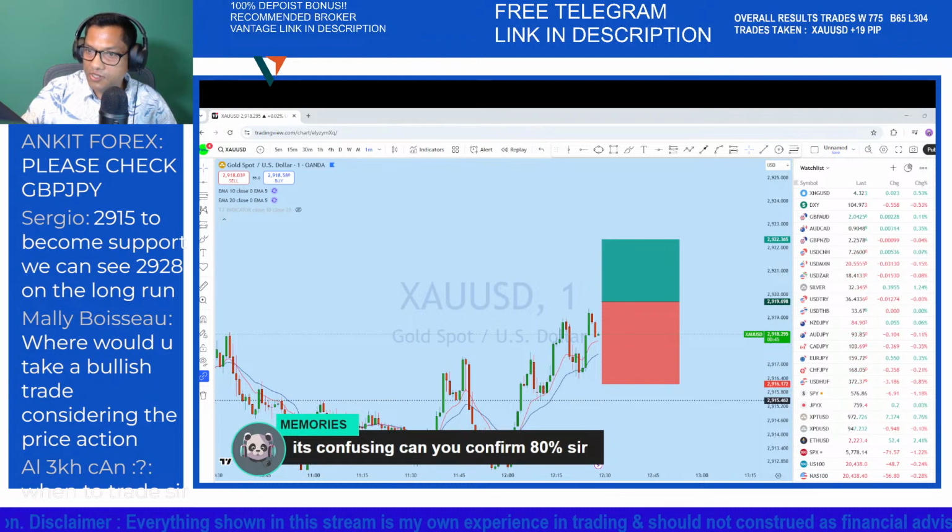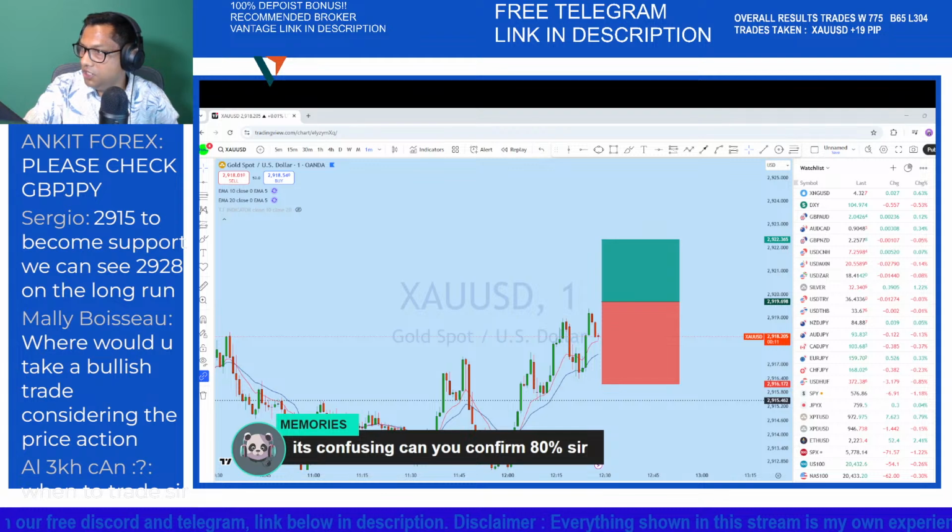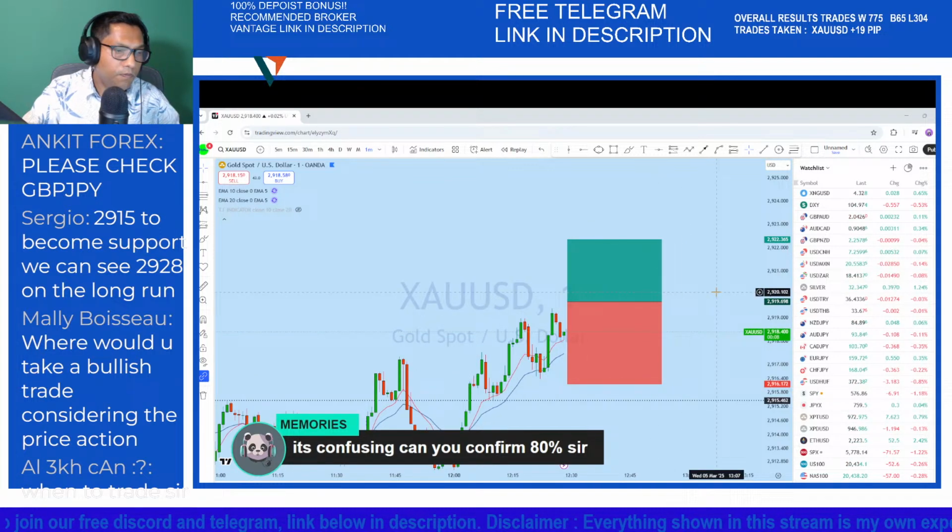So here is placing another buy stop. So placed a pending order on XAUSD for potential move.